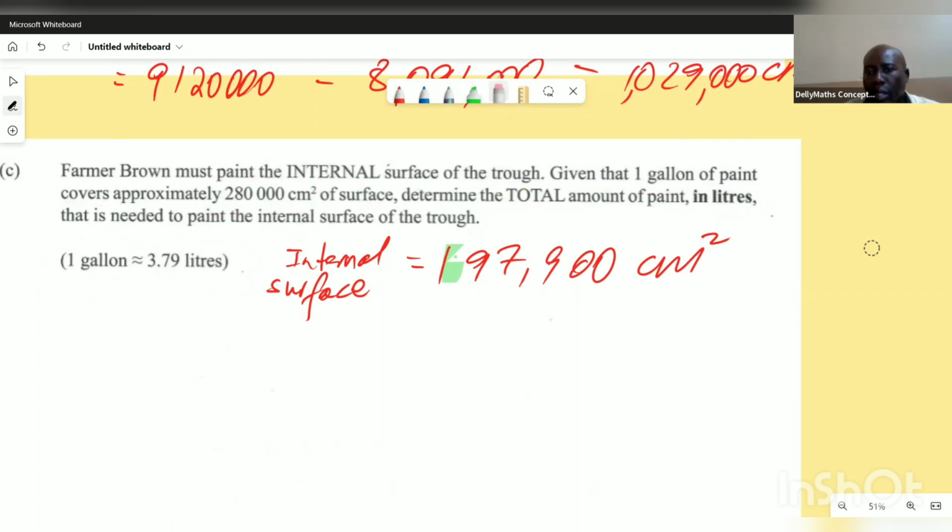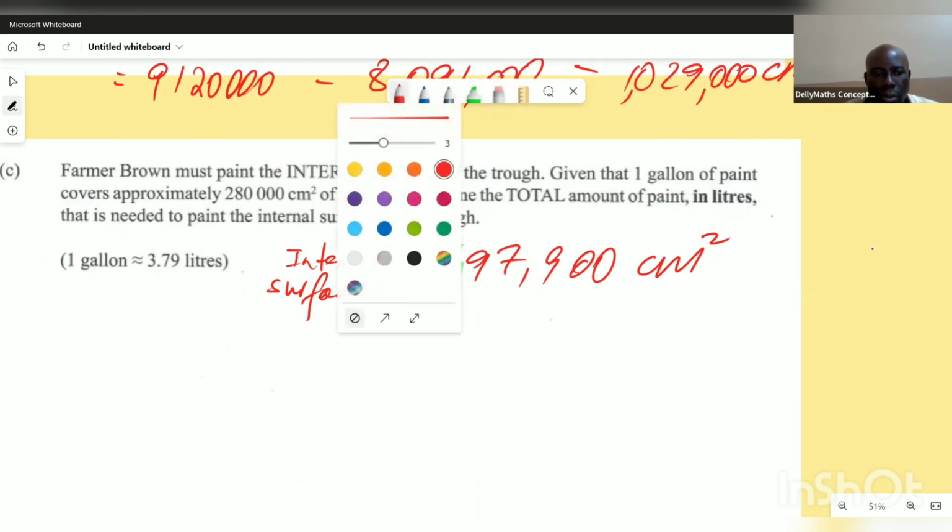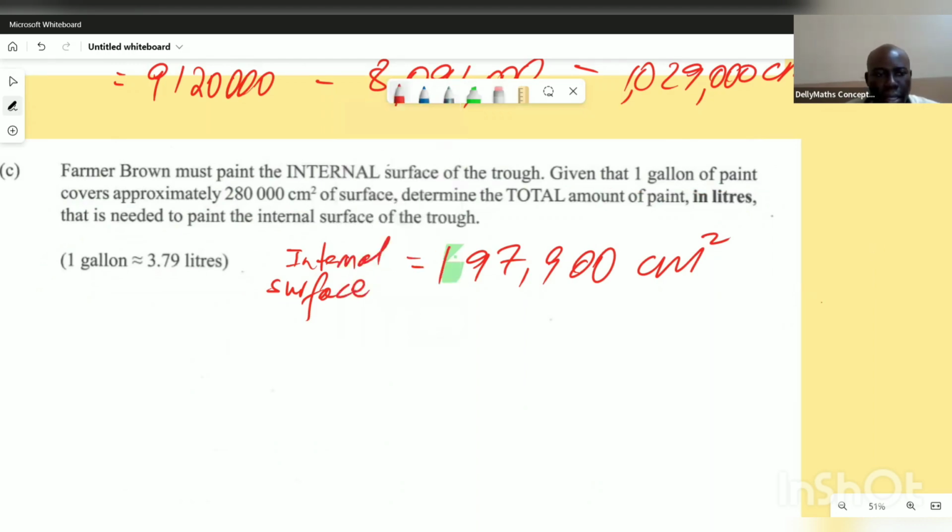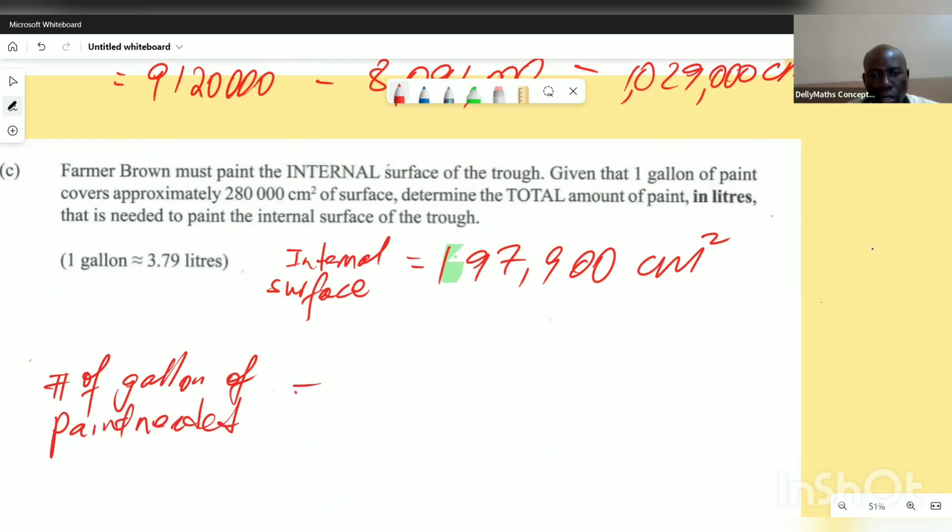If I want to know the gallons that we need, I'm going to write: the number of gallons of paint needed can be found by saying this, 197,900, we're going to divide it by 280,000.